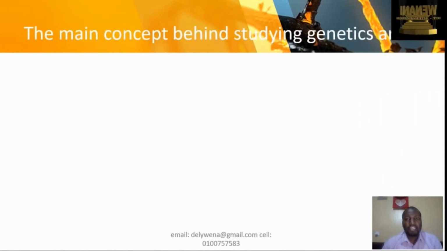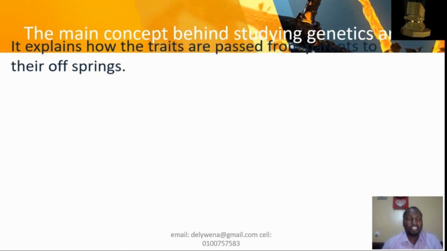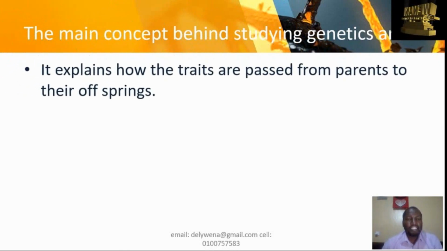The main concept behind studying genetics: why do we study genetics, and what are some of the concepts that I want to learn through it? One, it explains how the traits are passed from parents to their offspring.